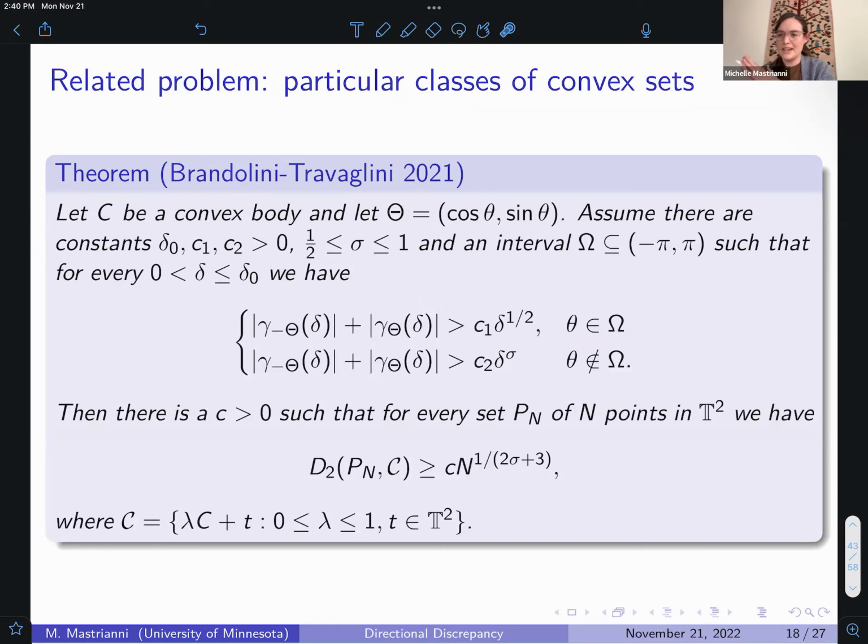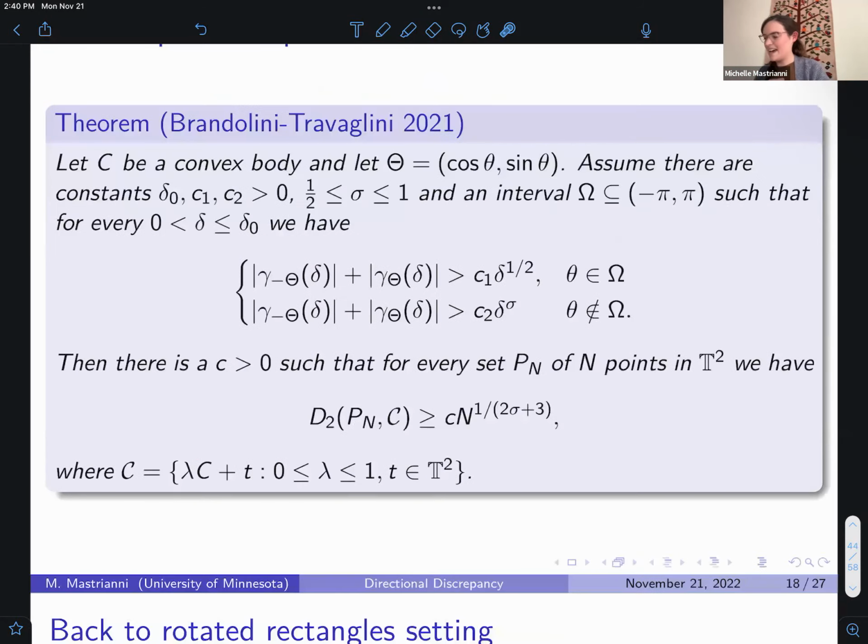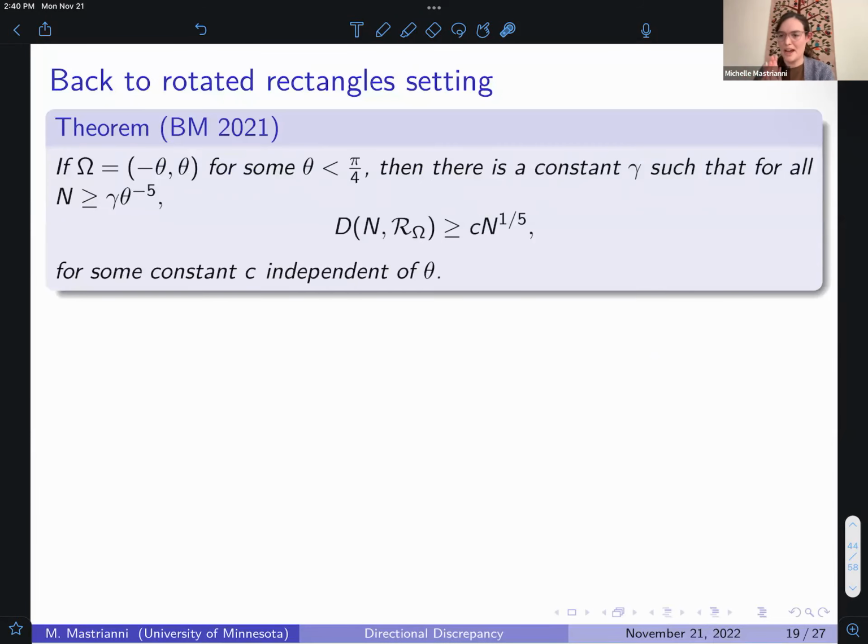The interval of rotations you can think of as being encoded in the boundary of the convex set in this setting. So there are a lot of similarities between this setting and the setting of rotated rectangles, where we have this restricted interval of rotations.